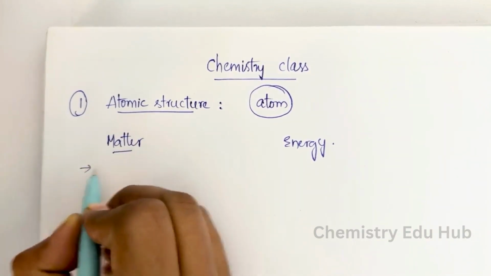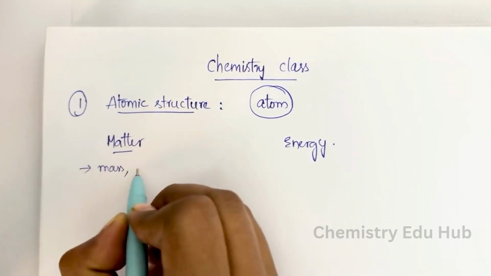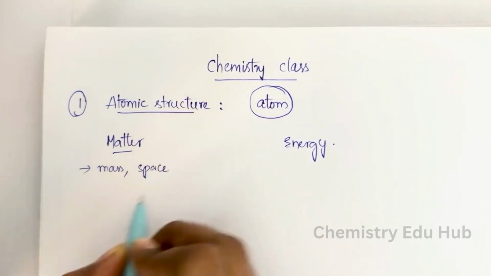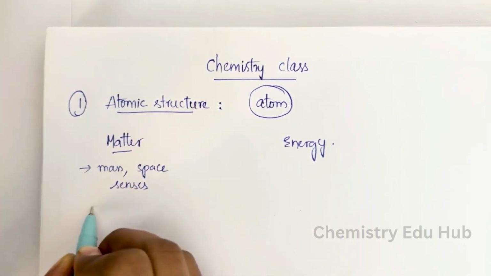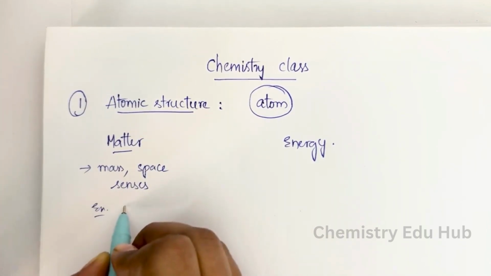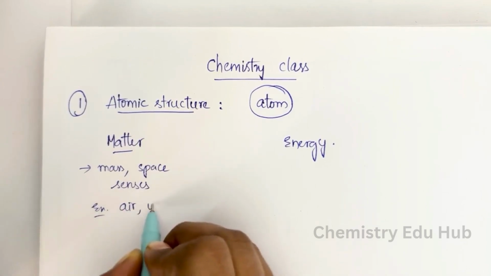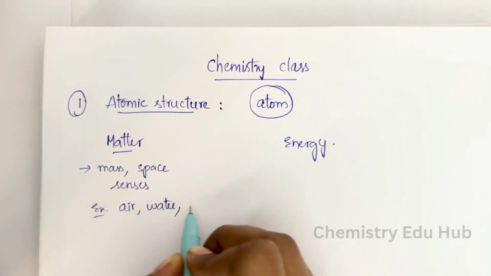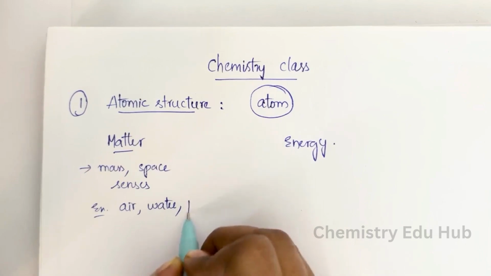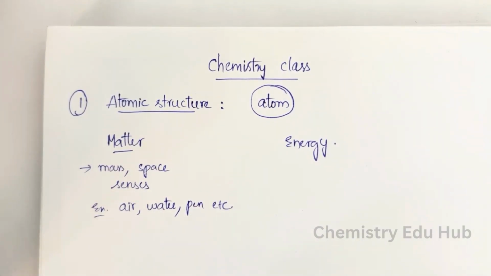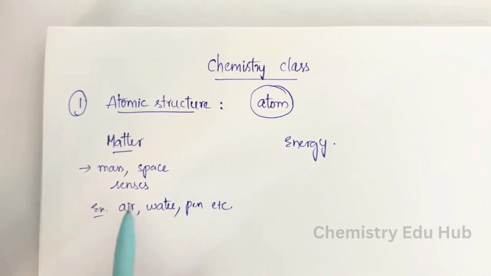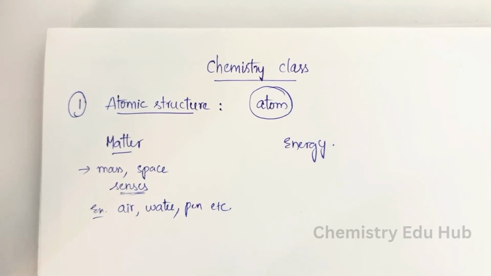Matter is anything that has mass, occupies space and can be perceived by our senses. Examples of matter could be air, water, pen, book, pencil, etc. Everything that you can hold, that has mass, that occupies some space, that you can sense through any of your senses, comes under matter.